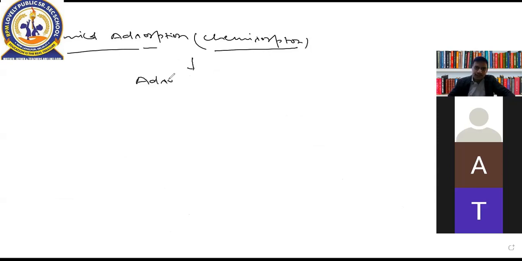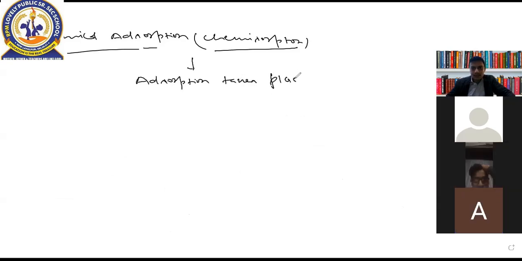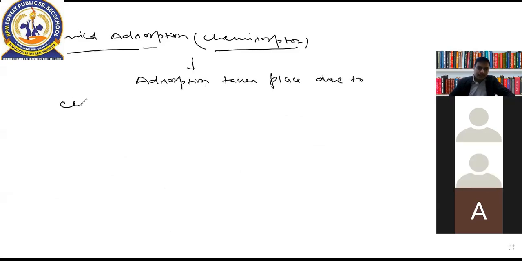Adsorption takes place due to chemical force or formation of a chemical bond. Since a chemical bond forms in this process, that's why it cannot be multi-layered.